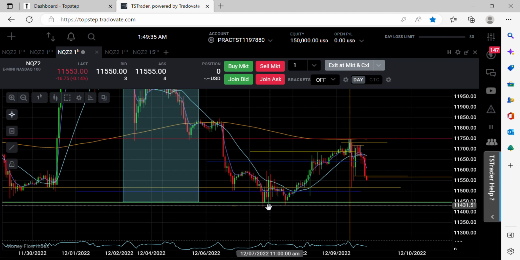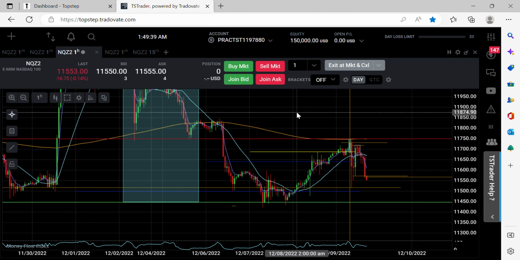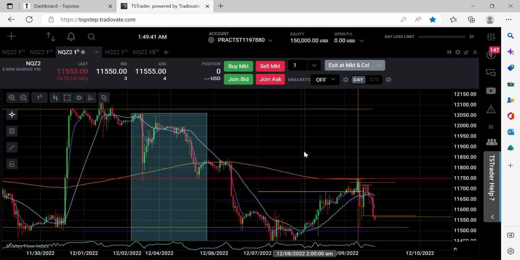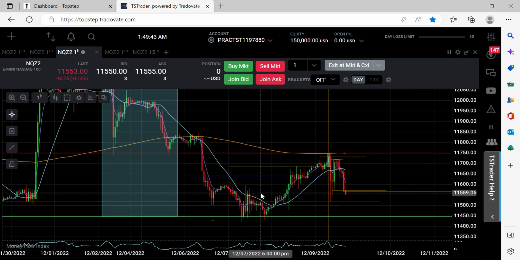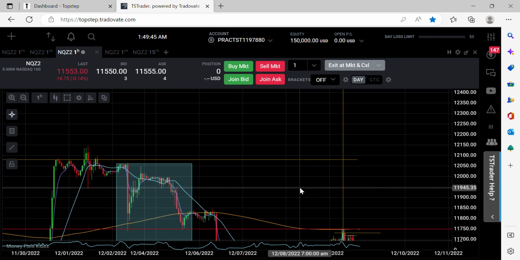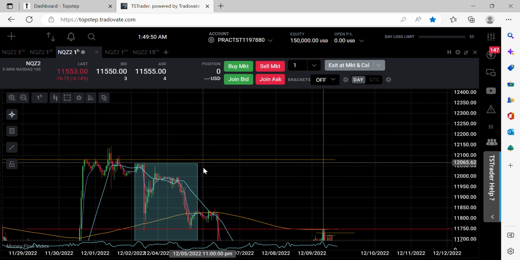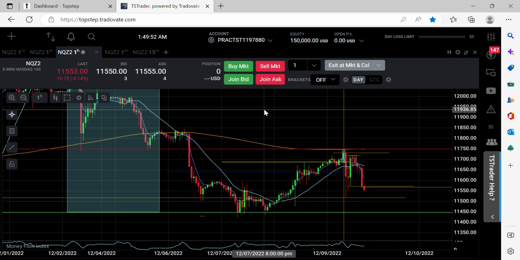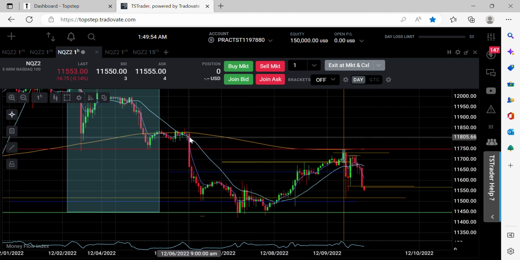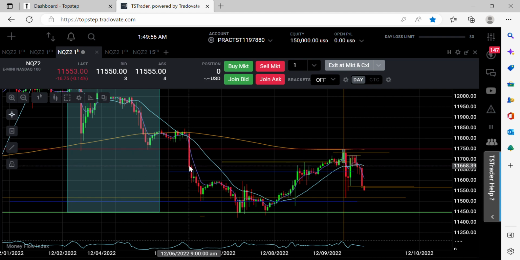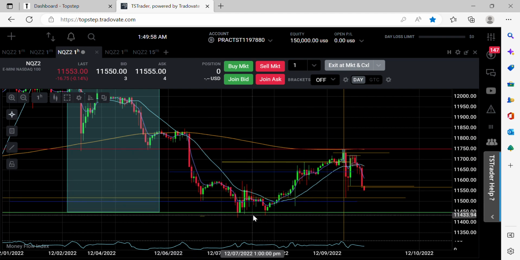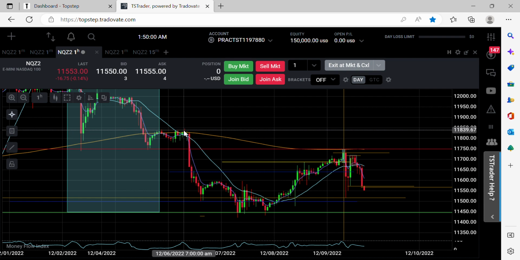So anytime we hit here, we were looking to go long. And then we have obviously higher ranges in here, which we didn't really get to. But we were looking for major moves like this big candle here and an absolute collapse. So we haven't really filled this area.